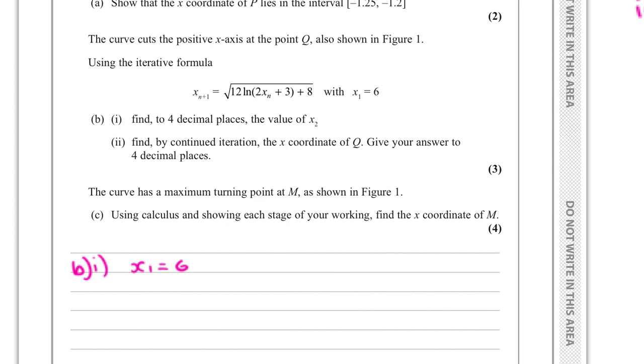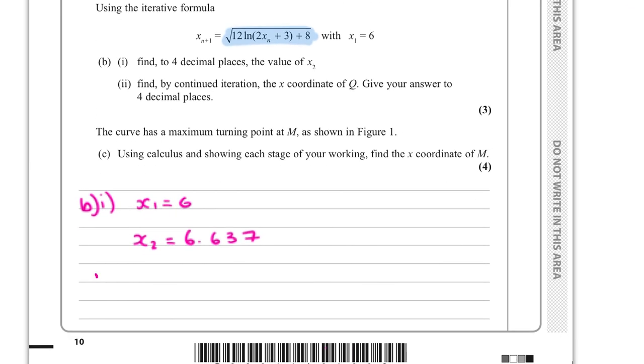I'm then going to substitute this in, and everywhere it says x to the n, I'm going to put ans, my answer, and then I get my x2 to 4 decimal places is 6.637. And then for part II, it says continued iteration, so I'm literally just going to keep pressing equals until it stops changing. So then I get x equals 6.4142. Nice and easy, 3 marks.